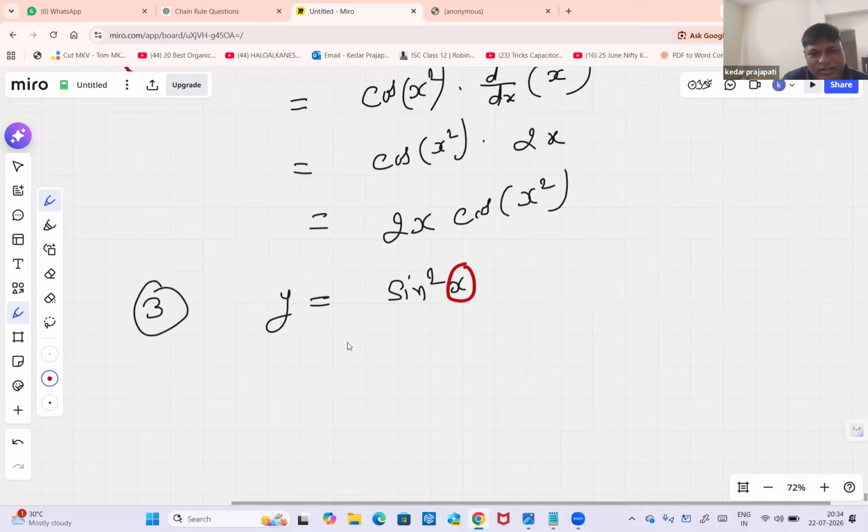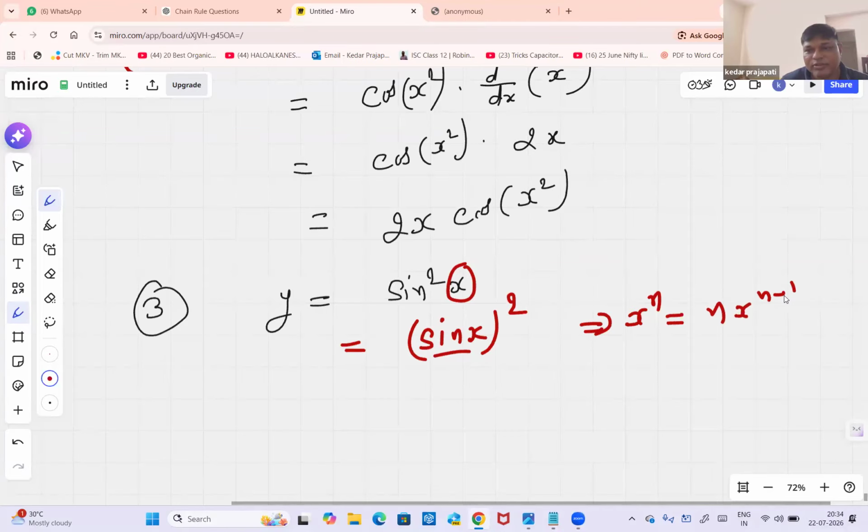Sine is square, which means you can simply write it like sine x whole square. So inside is sine x. Now I will apply this formula: x to the power n is n x to the power n minus 1.